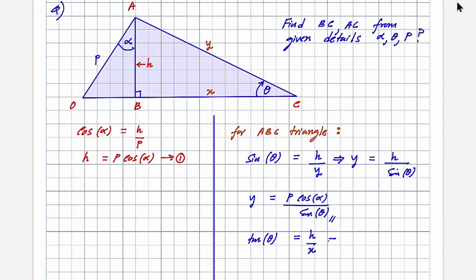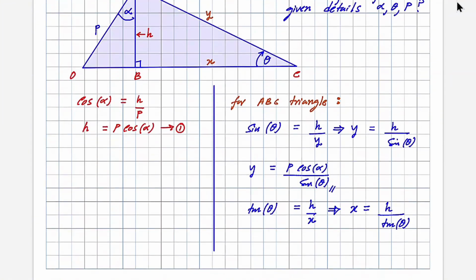So you need to find x now. X is going to be h divided by tan theta. Now, h is what? H is p cos alpha. So you are going to say x is equal to p cos alpha divided by tan theta. That's the answer.